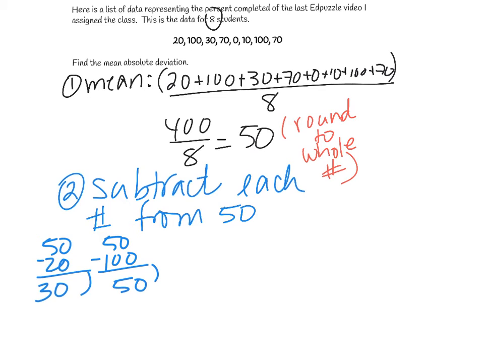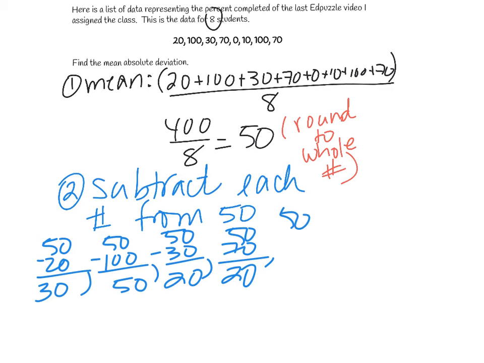And the distance between 50 and 30 is 20. The distance between 50 and 70 is 20. The distance between 50 and 0 is 50. The distance between 50 and 10 is 40.